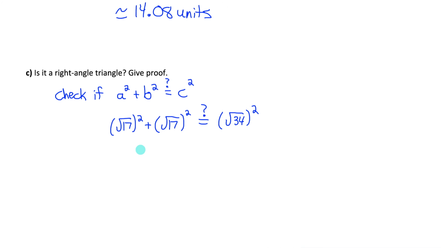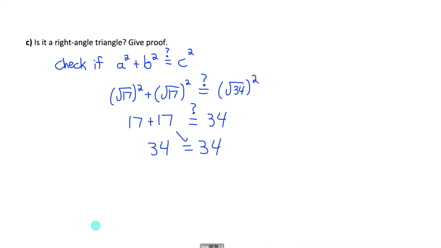So for each of these terms, the square root and the square cancel out, and I just have on the left 17 plus 17, and on the right I have 34. And of course 17 plus 17 is 34, so the left and right side of this equation are equal to each other, which tells me that Pythagorean theorem holds true, which means that this is in fact a right angle triangle.